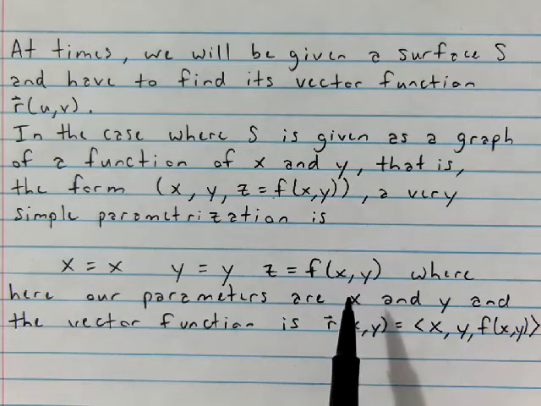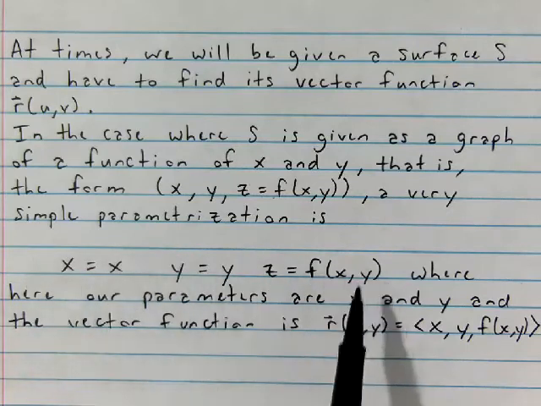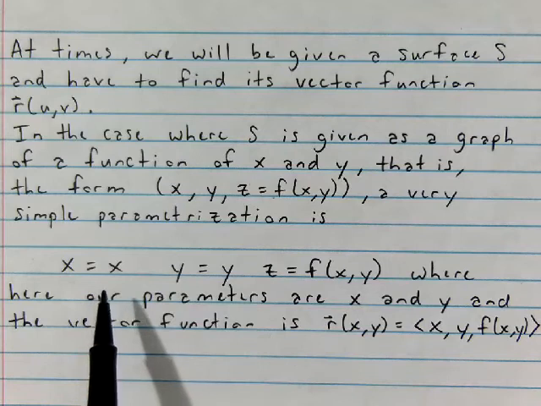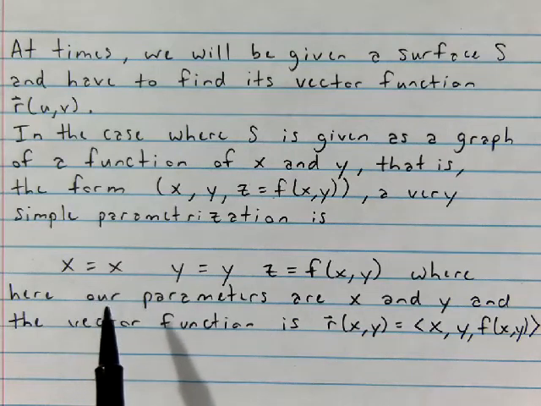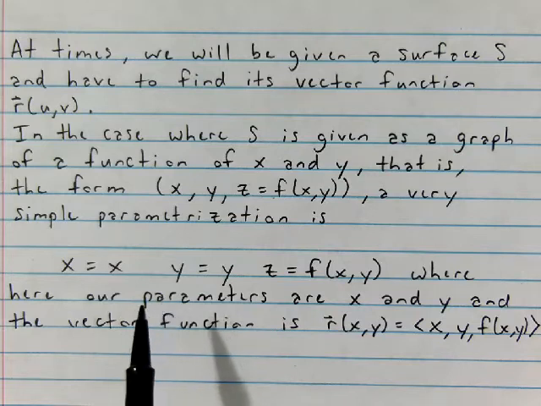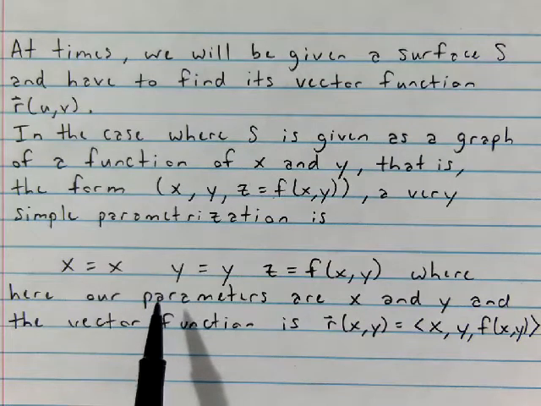Now, similarly, there are two other parameterizations like this, if you can solve for y in your equation, or if you can solve for x. When you see a surface given by some equation with x, y, and z in it, your first approach should be: can I solve this for x, or for y, or for z?